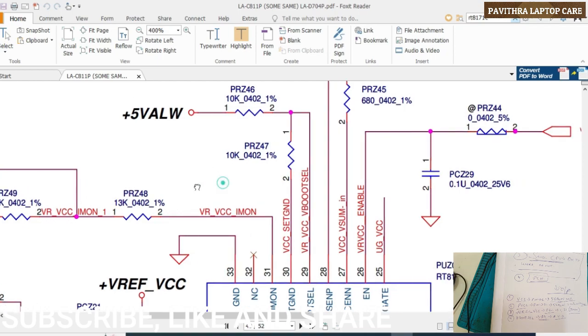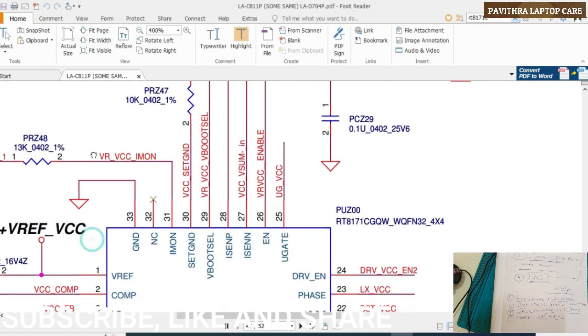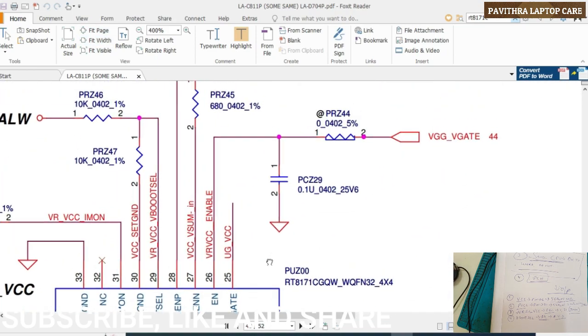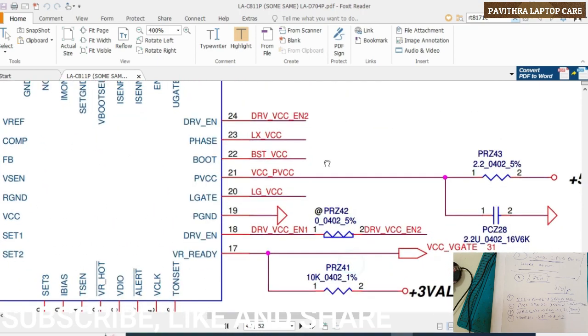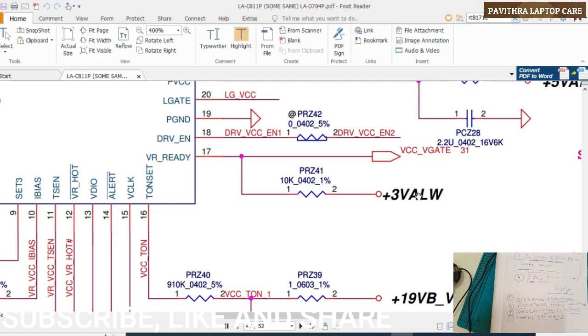Next, any input voltages. Last one. See, this one is also a kind of voltage, but it's a pull-up resistor voltage. That also we need to check. What is that?